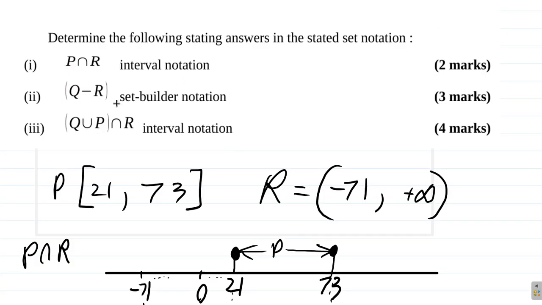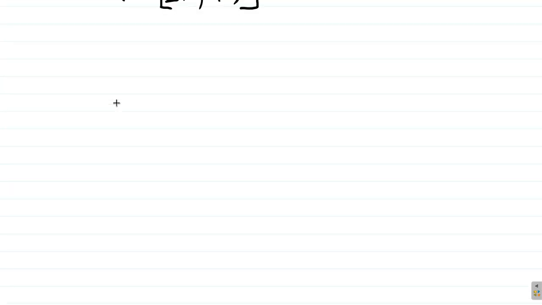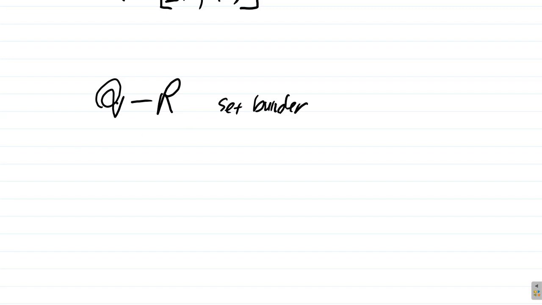After that, Q minus R in set builder notation. So the next thing, Q minus R, set builder notation.